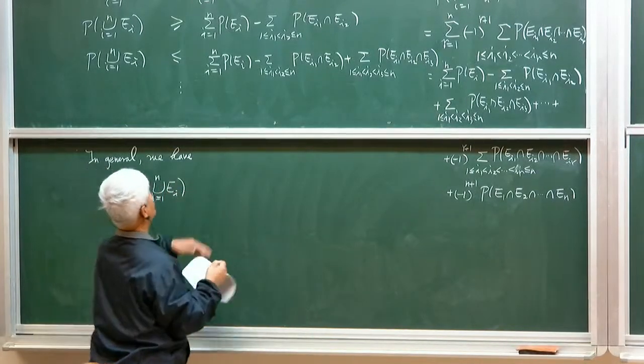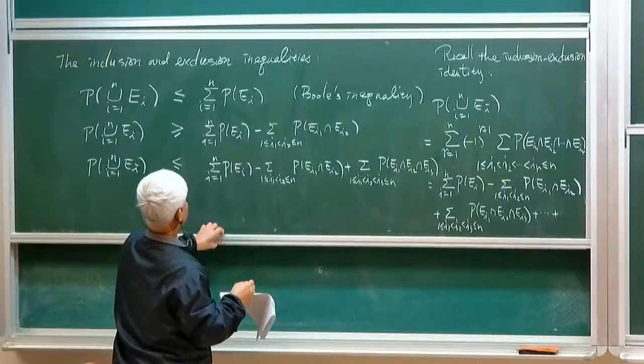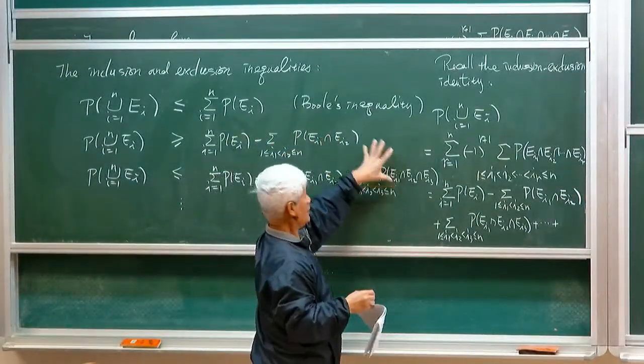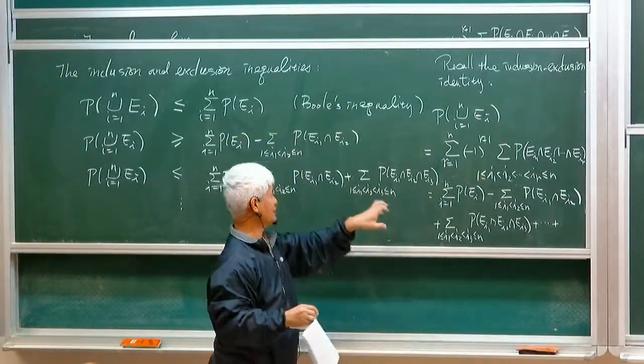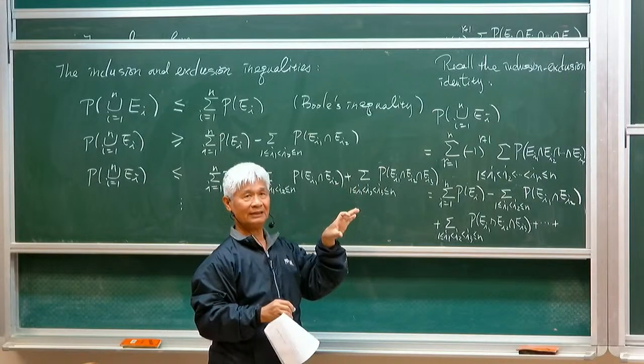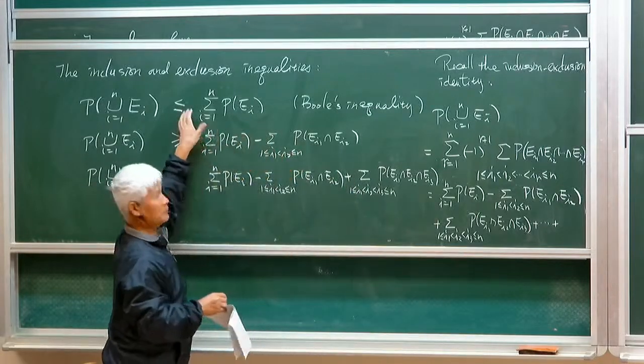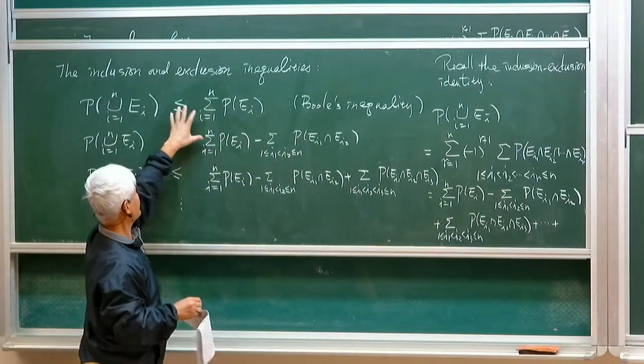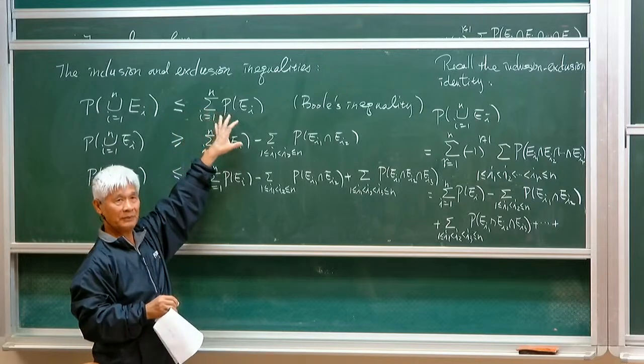And remember, if the last term is an inclusion, meaning the addition, then the inequality will be like this one, so this becomes an upper bound.